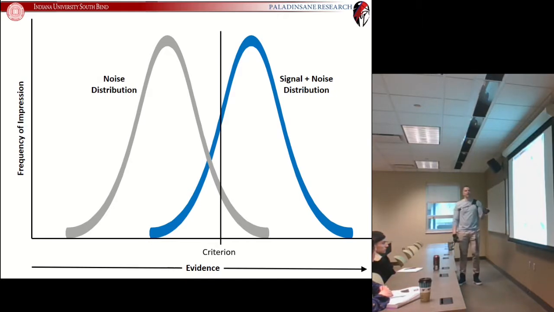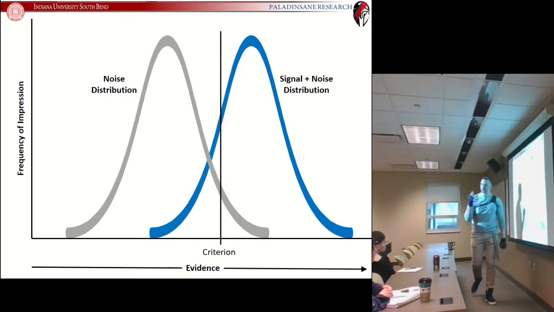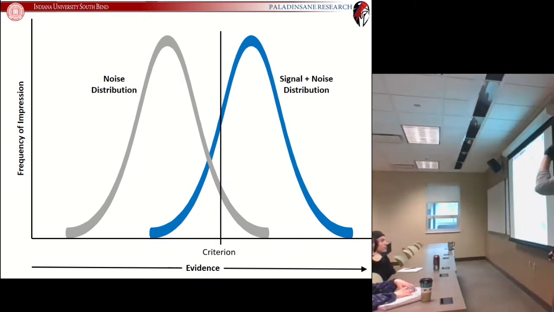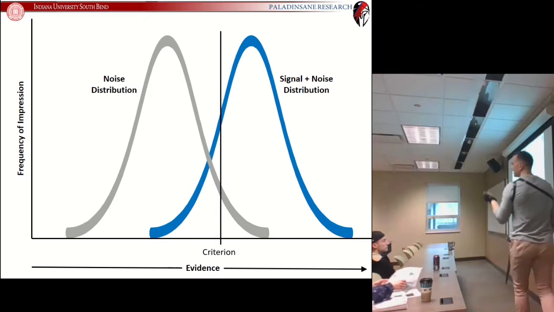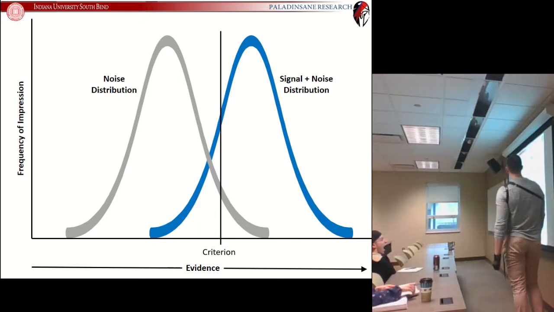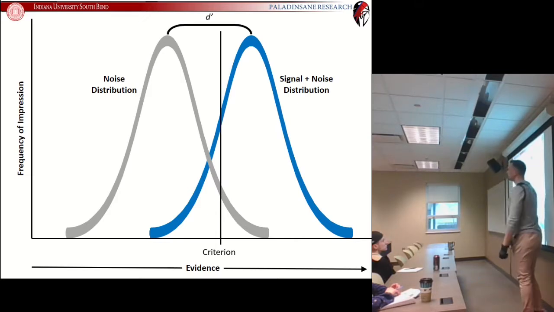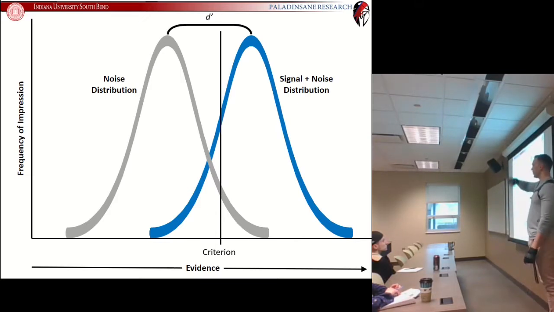And this criterion leads us to be able to split this signal detection area into four distinct outcomes. One last thing before we get to the outcomes: the sensitivity of your system, your ability to determine whether a target is there or is not, can be directly measured by the distance between the peaks of your noise distribution and your signal distribution.